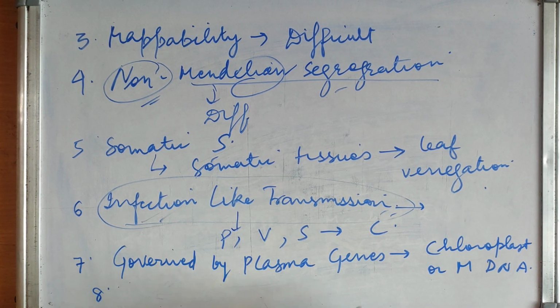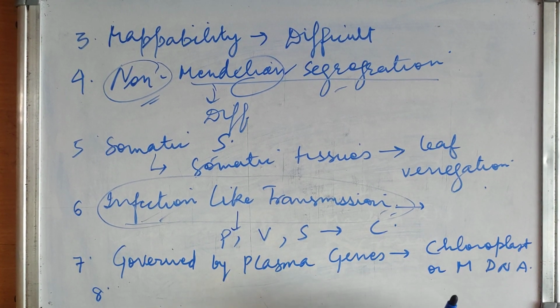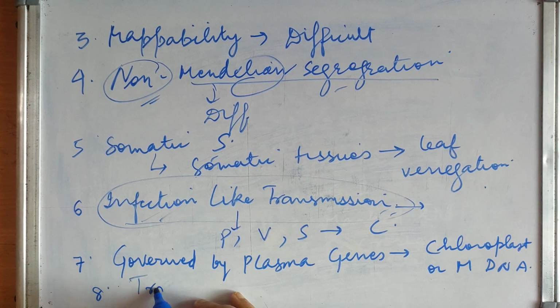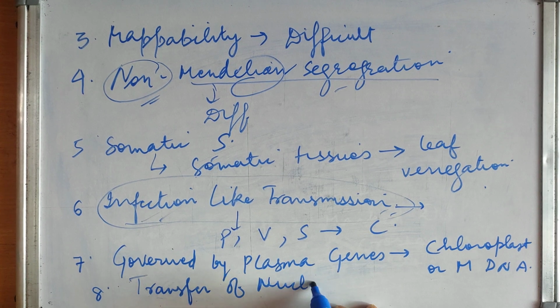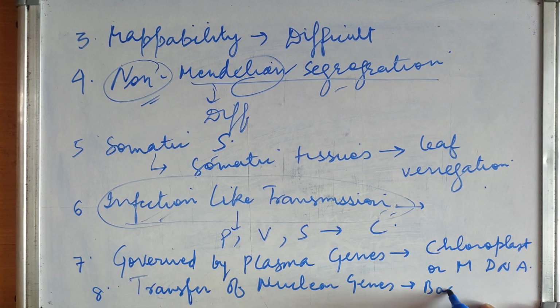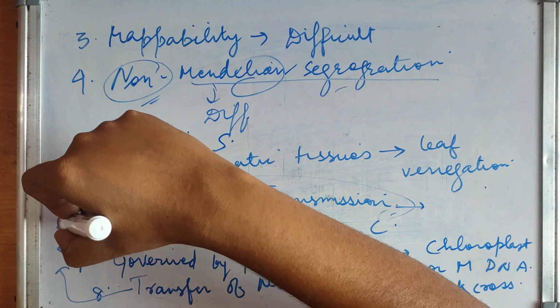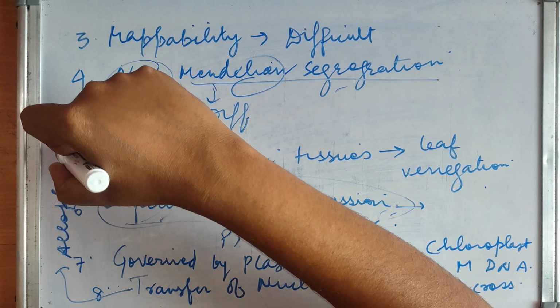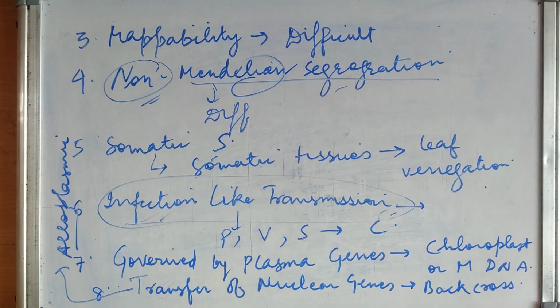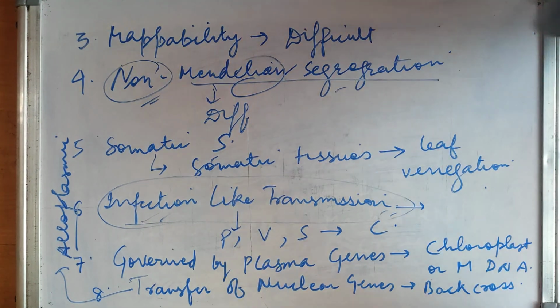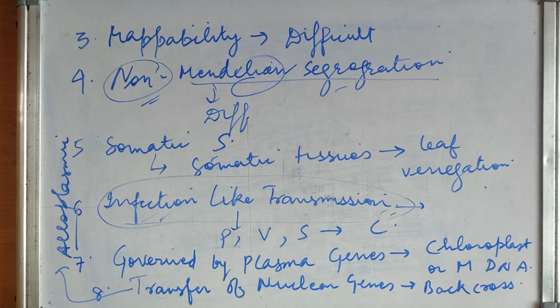Here we can also see transfer of nuclear genes through back cross. The lines produced this way are alloplasmic, not autoplasmic but alloplasmic. So I hope you understand this.